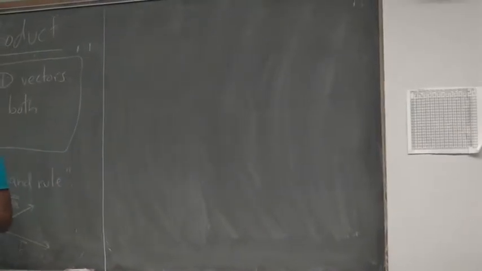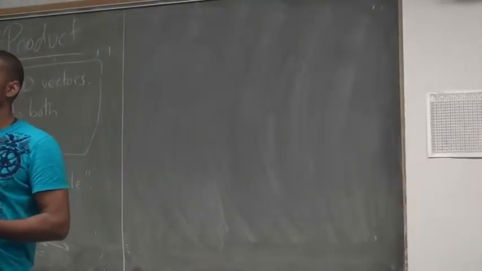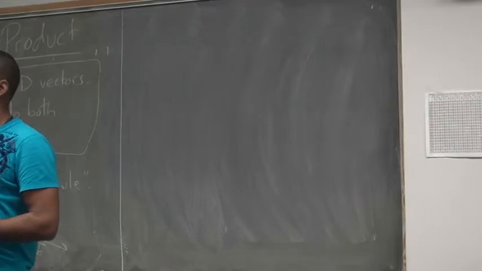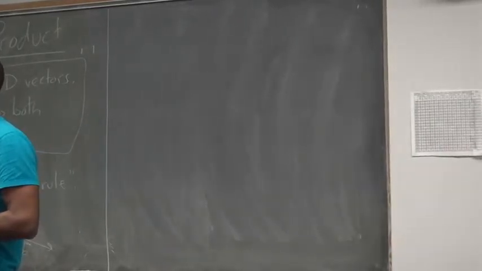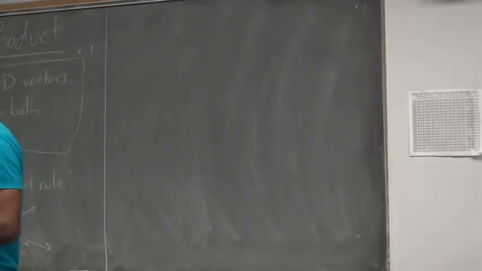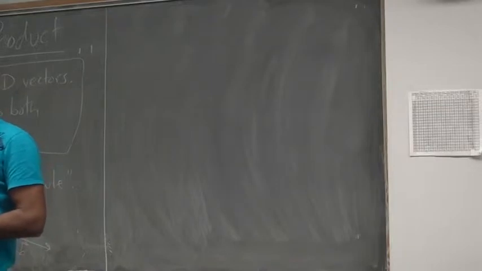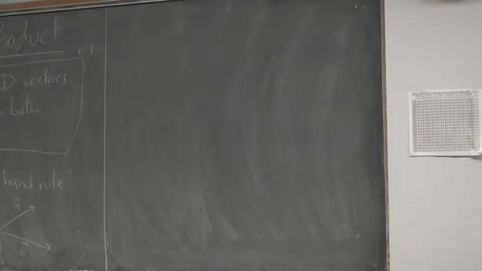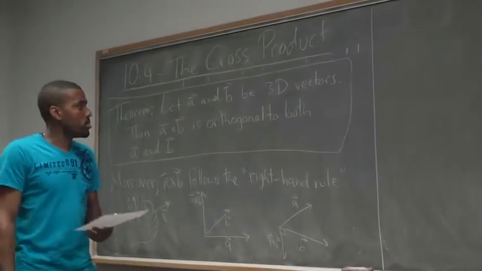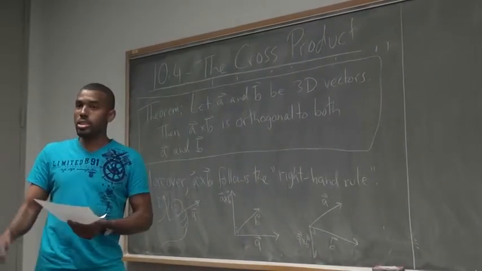Yes? Does this have anything to do with planes, like finding the equation of a plane or anything like that? No, it's more elementary. It's strictly a property of vectors. Oh, I see where you're getting at. Well, the answer is yes.